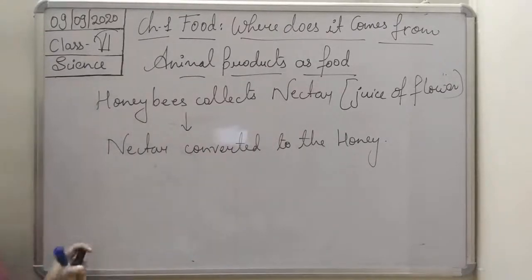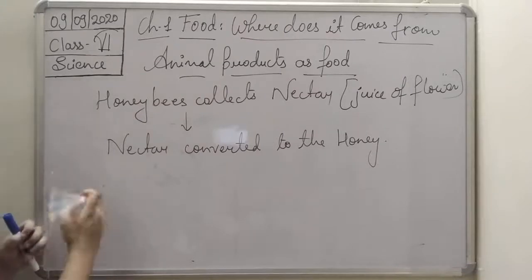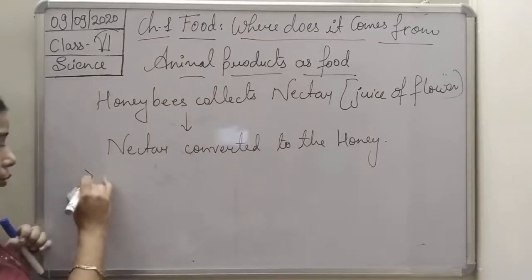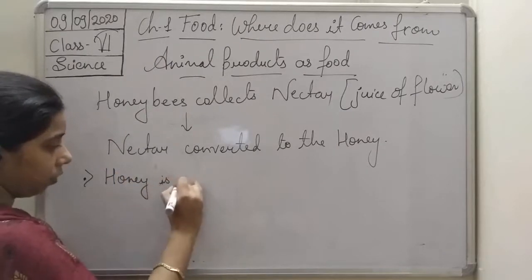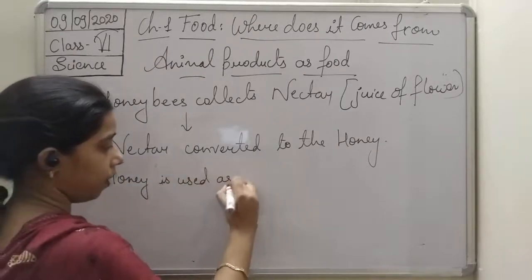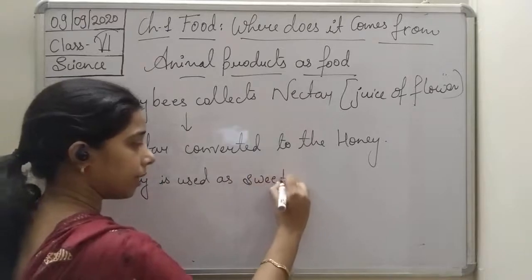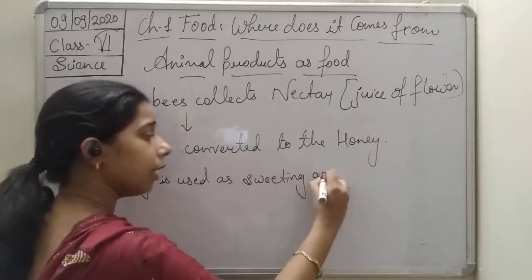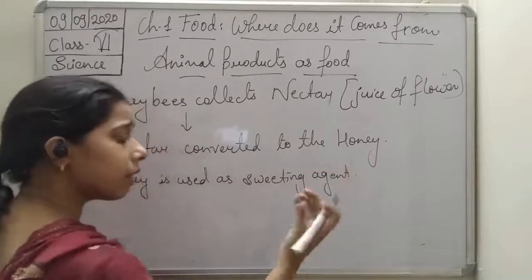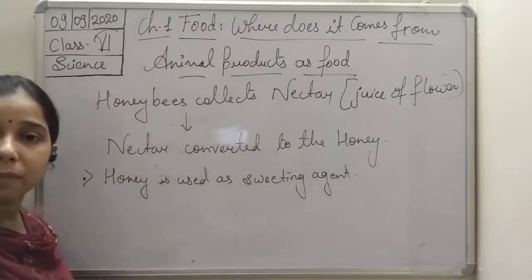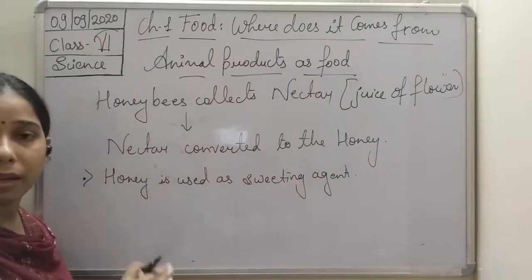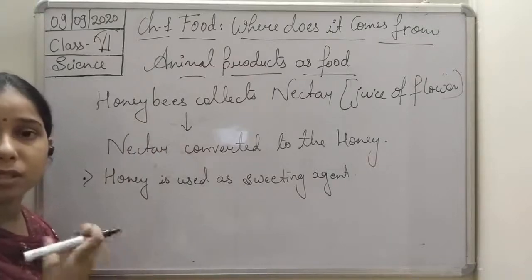Now you see here, students, there is a lot of medicinal value. Honey is used as a food sweetening agent. Sweetening agent means it has a sweet taste itself, so if you add it to water or anywhere, it will make that object sweet.